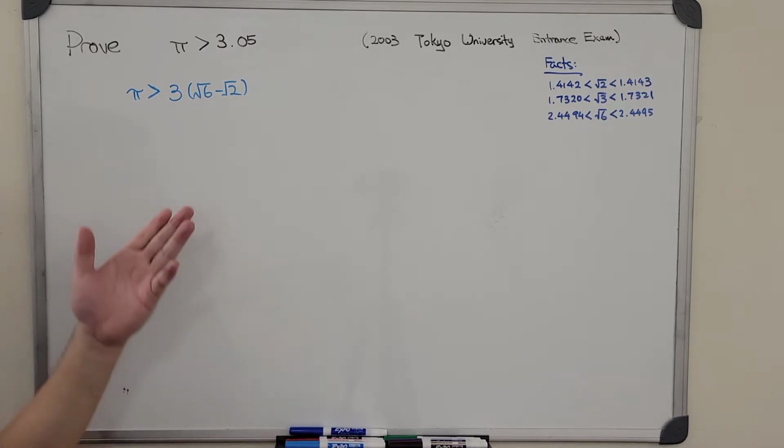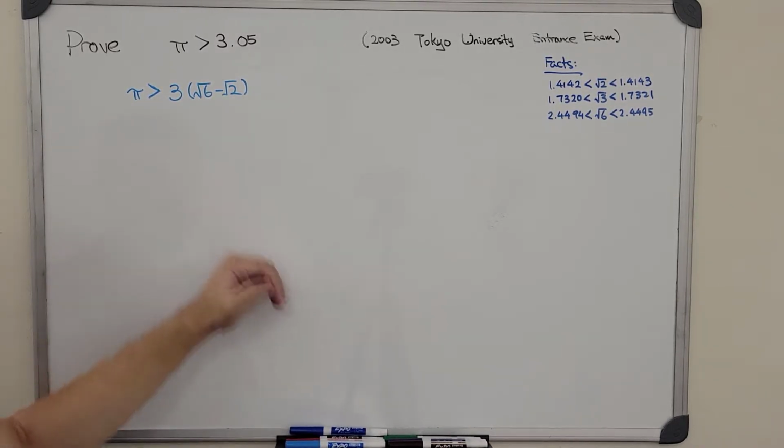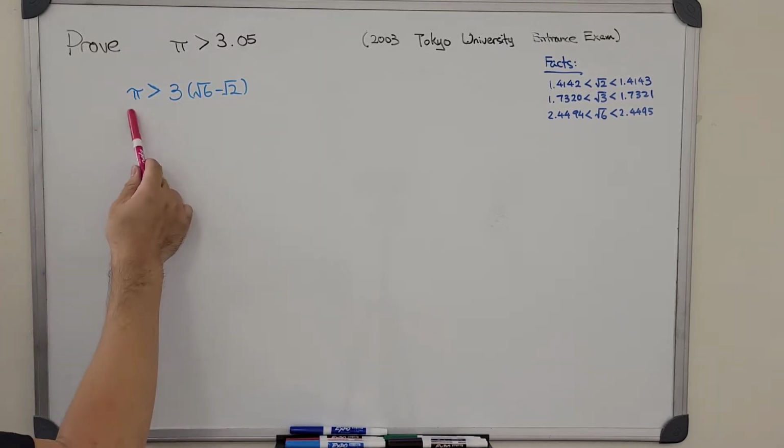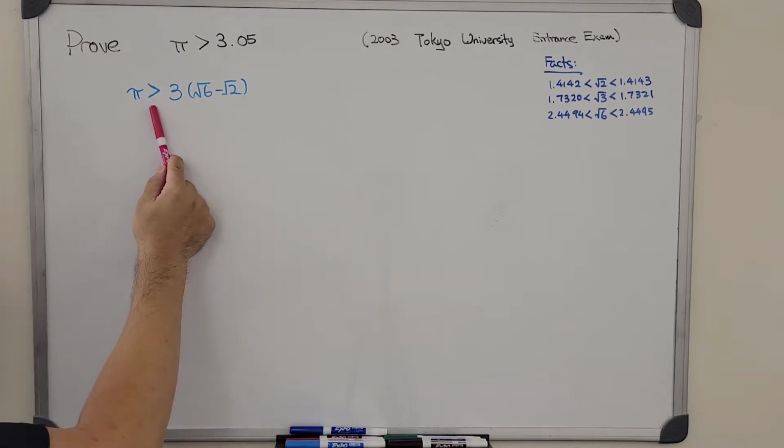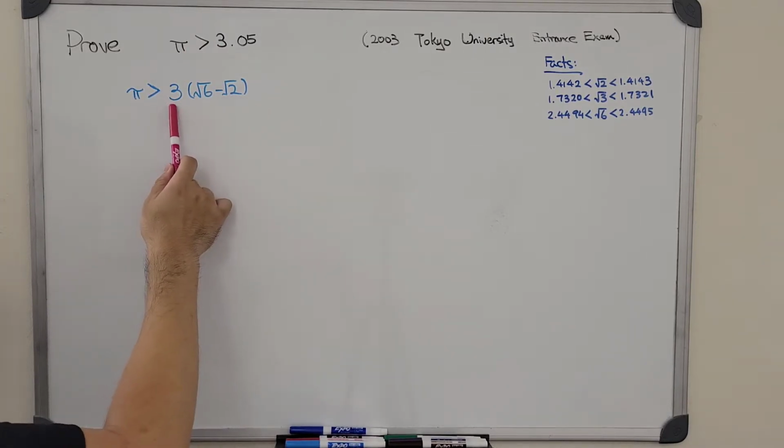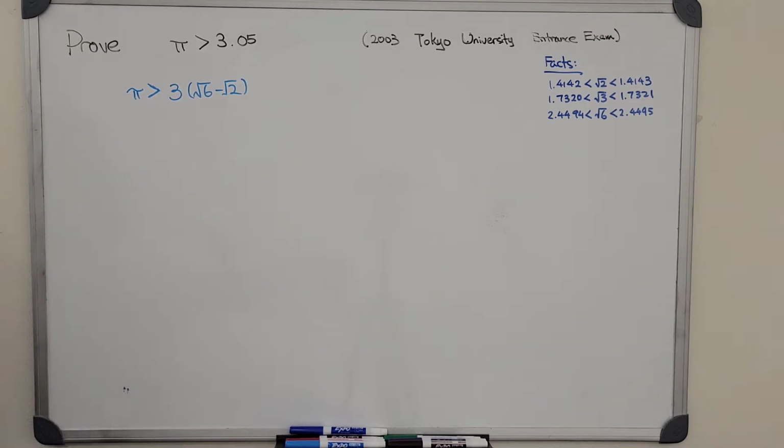Okay, so from the last board, we end up with the following statement. Pi is already greater than the product of 3 times the quantity, radical 6 minus radical 2. Okay, so how do we finish our proof? Now we need to use the facts that we have.